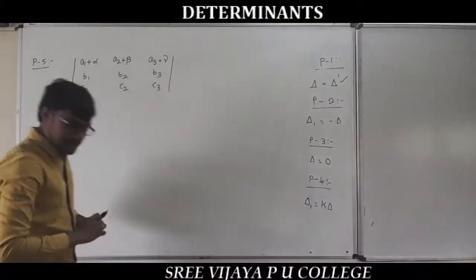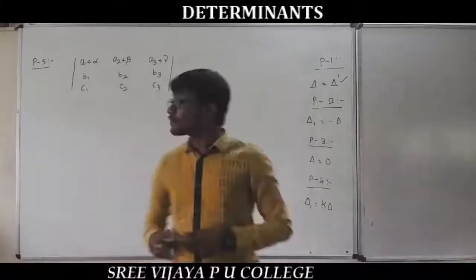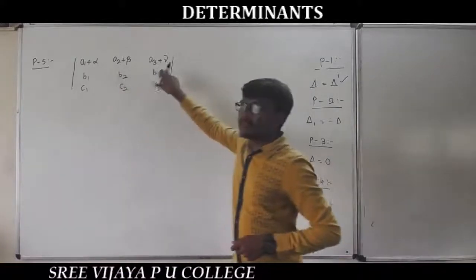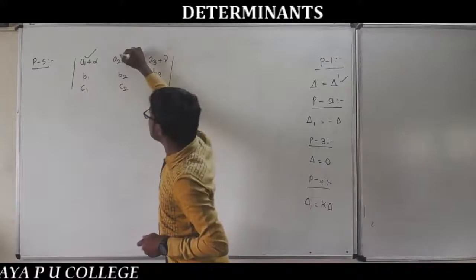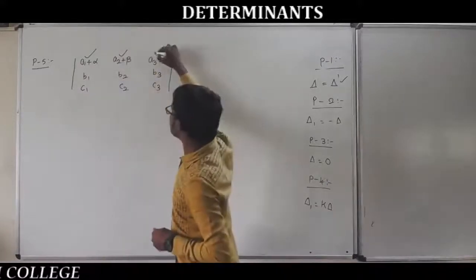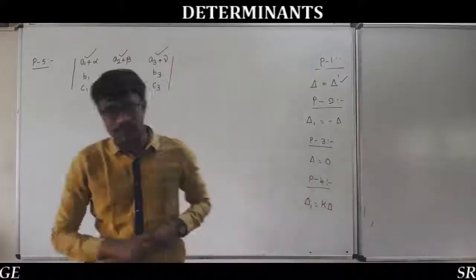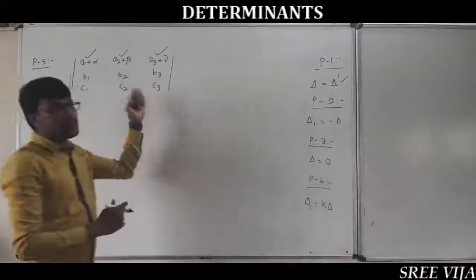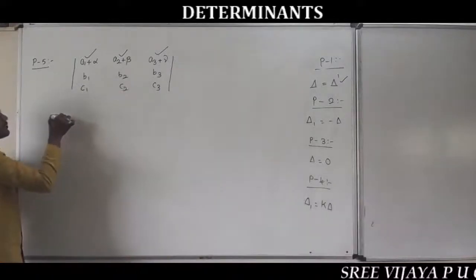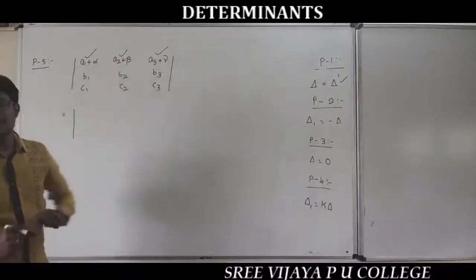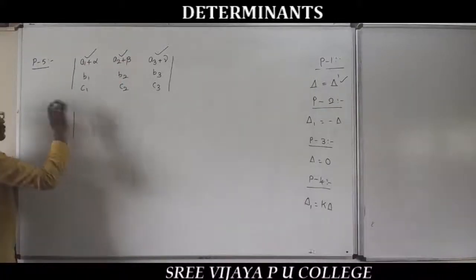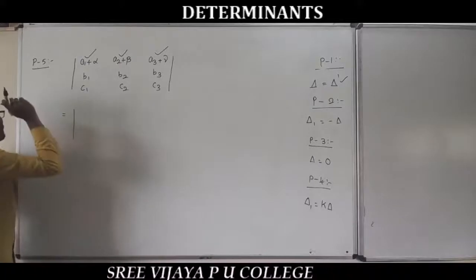See, in this determinant the first row is expressed as a sum of 2 terms. This is also expressed as a sum of 2 terms, and this is also expressed as a sum of 2 terms, in the entire first row. Now the given determinant can be split into 2 determinants because here we have expressed it as 2 terms.